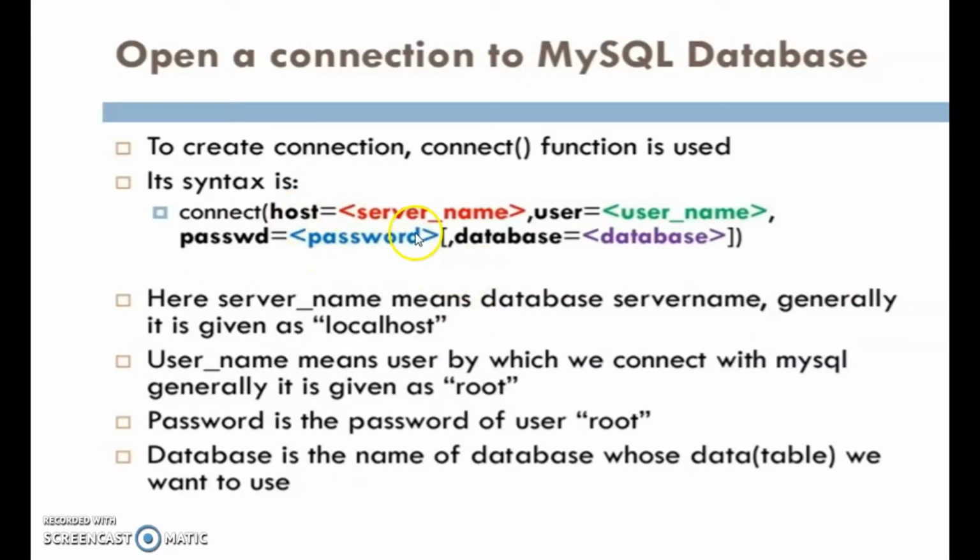Here you have to give your host name, then your username, the password and the database. Most probably we will give the host name as localhost, username as root and also password as root. Database is the name of the database whose data we want to use.